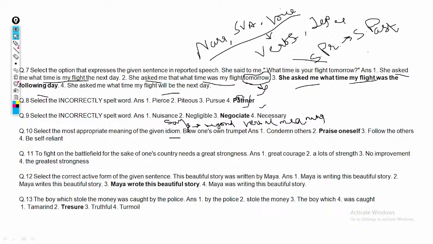Is it okay? They go beyond verbal meaning. So "blow one's own trumpet" does not mean someone is literally blowing their own trumpet. That is not the meaning. They go beyond their word meaning, as I said.